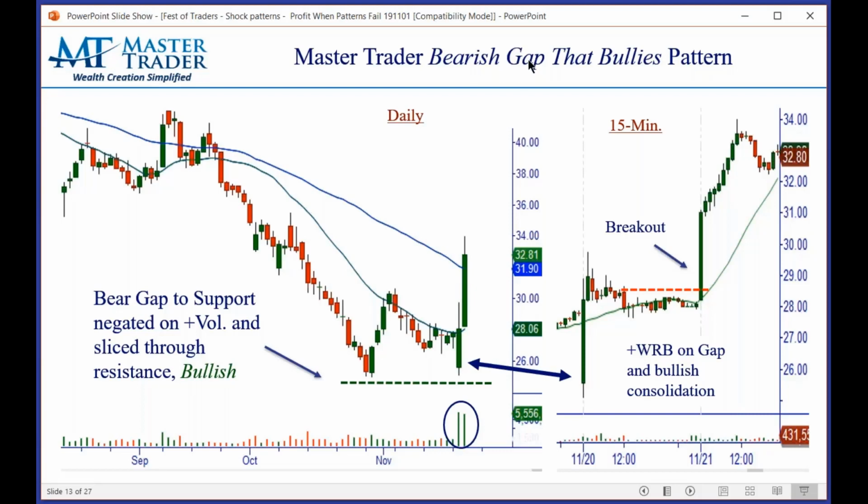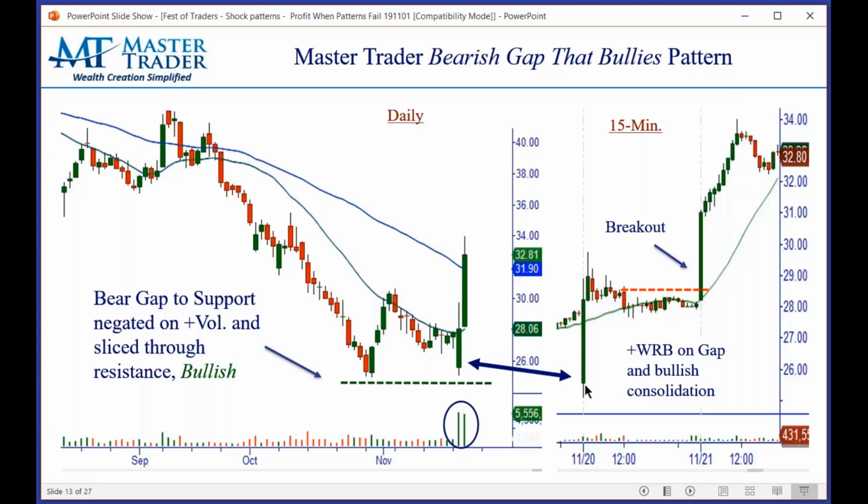This is a very interesting gap that I've labeled with a special name, and it's called the bearish gap that bullies. What the heck does that mean? Well, that's a bearish gap. The stock closed here and it gapped down over $2. And what happened? On the right is my 15-minute intraday time frame.